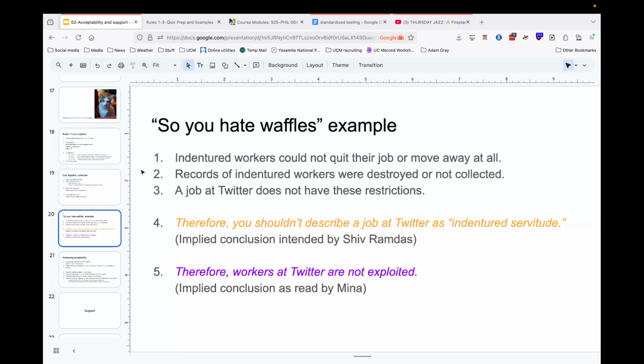So very, very different conclusions between what Shiv Ramdas intended but left implicit, didn't state explicitly, and the implied conclusion that Mina read into Shiv Ramdas's thread. Does that help? See some nods. Any more questions about that example?